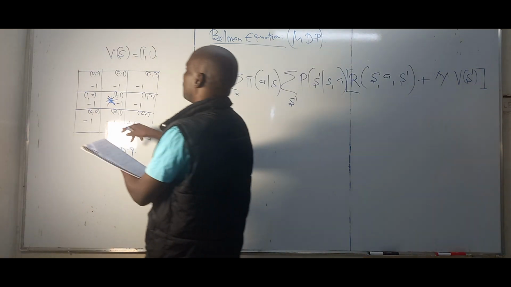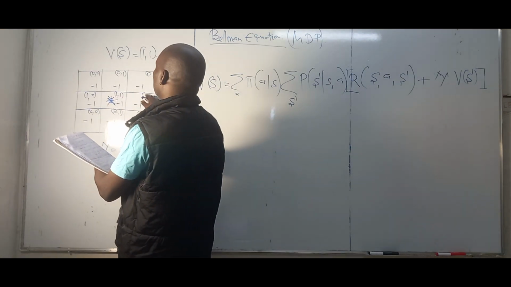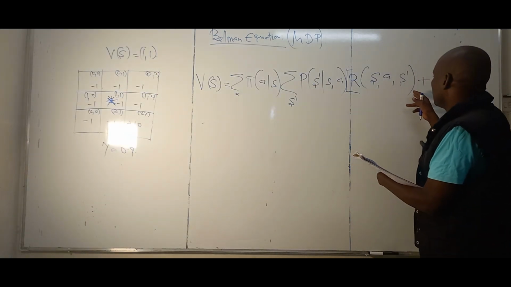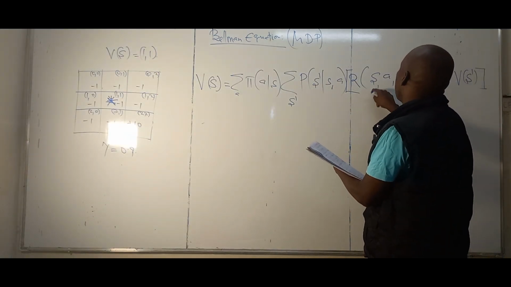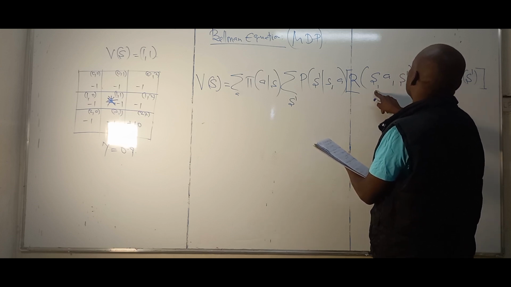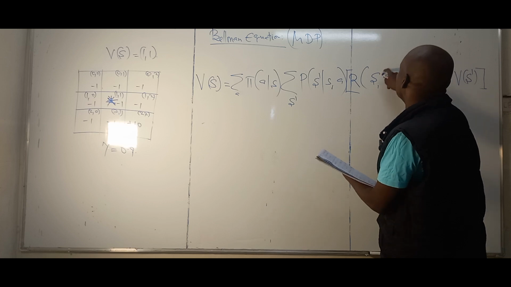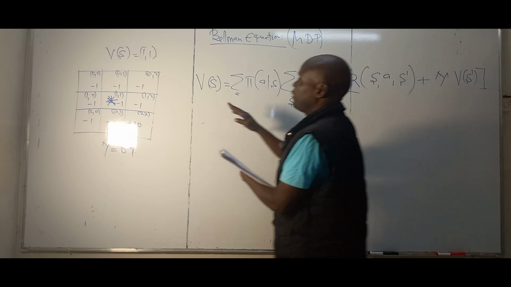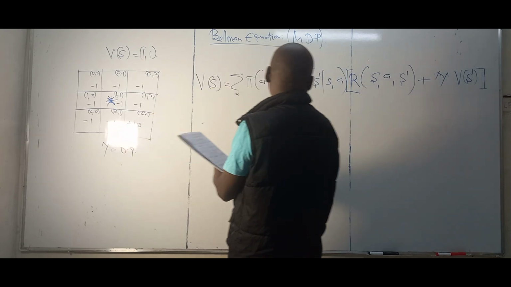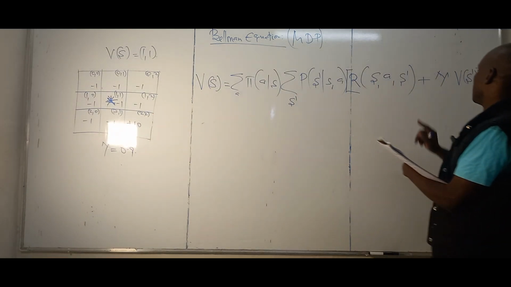If I had to move from node 1,1 to node 1,2, my reward is -1. That's what it represents: the reward for moving from state S to state S prime, having taken action A. And we see that in the grid, it's -1 except at the node 2,2.